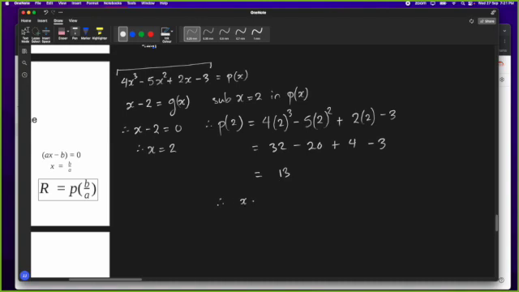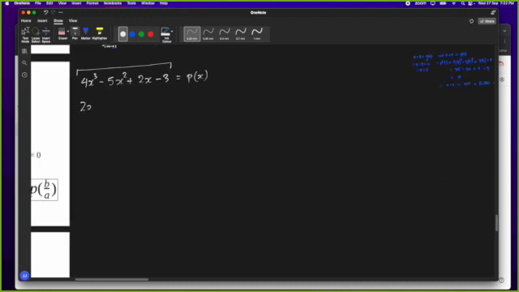Therefore, x minus 2 is not a factor of p of x. Because if I was to actually do the long division, I would end up getting a remainder of 13. 2x plus 3, that is my g of x.